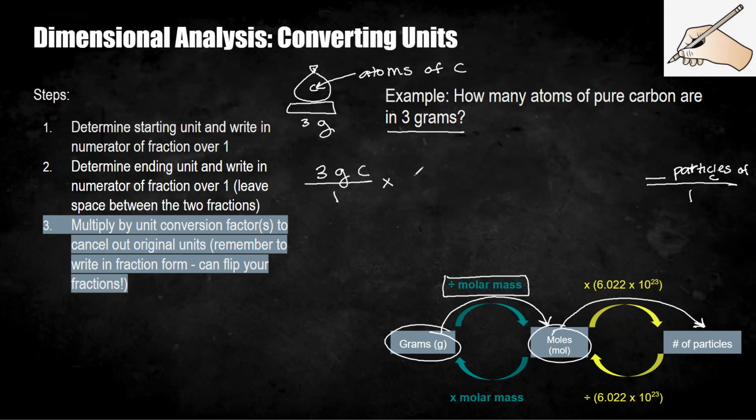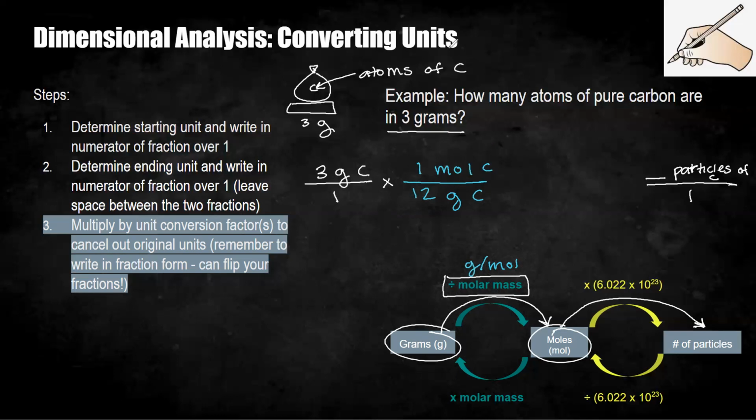Remember, our molar mass is always measured in grams per mole. So instead of dividing by grams per mole, I'm going to multiply by moles over grams. So I'm going to say 1 mole over 12 grams of carbon. Now this is carbon's molar mass. It is still saying that 1 mole of carbon weighs 12 grams on a scale.